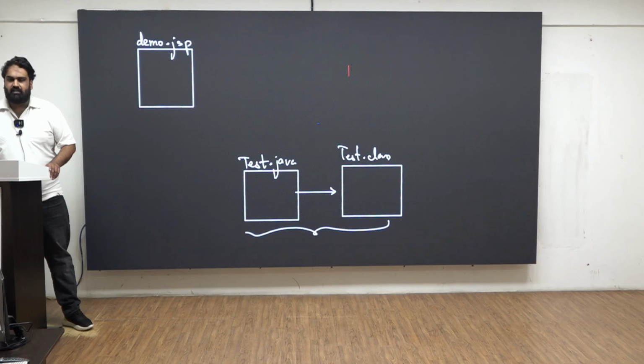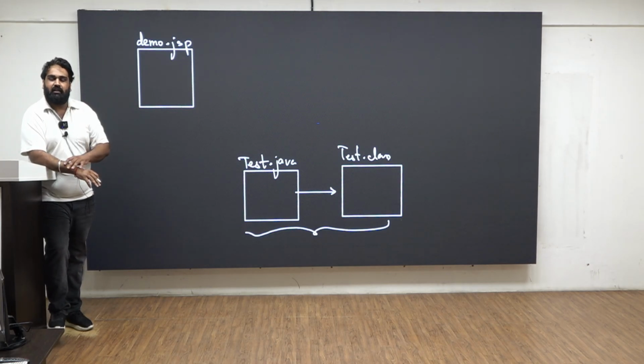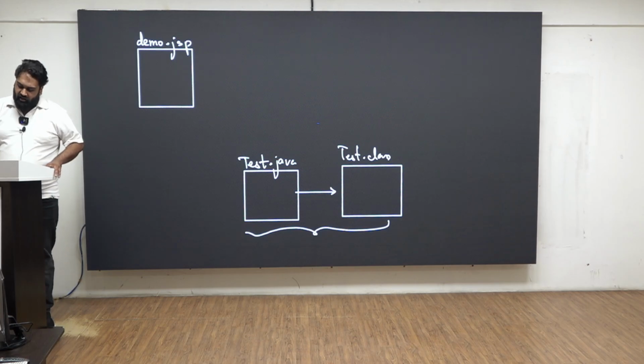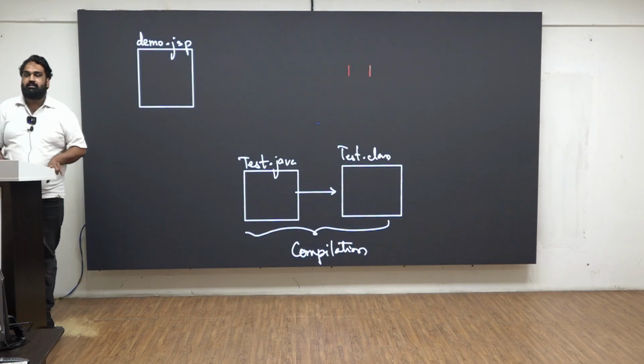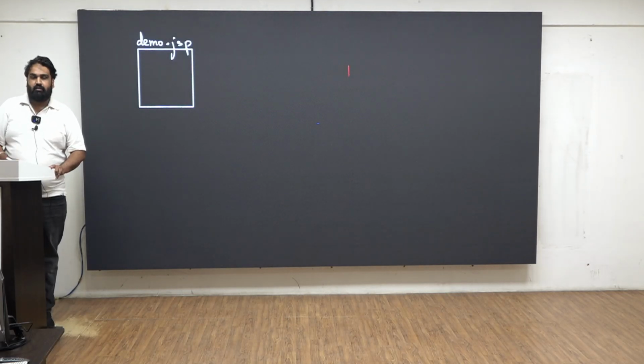This process of converting a Java file into a .class file, then into bytecode, then into machine level code, we call the compilation phase. Converting .java to .class we can still call the compilation phase.